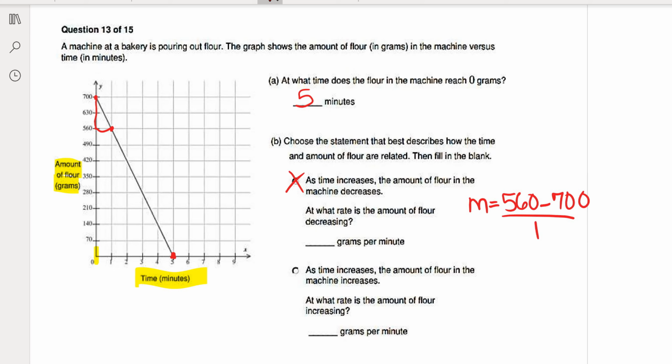So 700 minus 560, that's 140. So that's decreasing 140 per minute. And since they already used the word decreasing, we can put just 140. All right, and that takes care of question number 13.